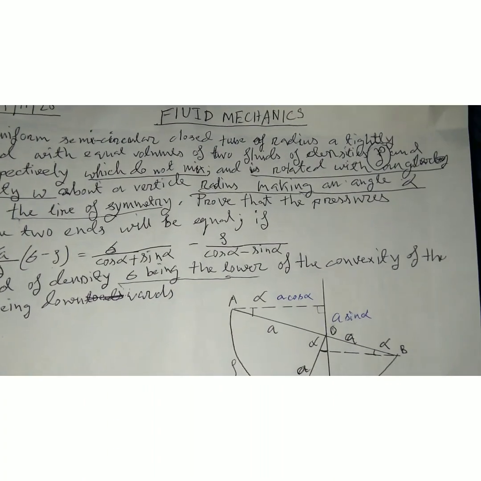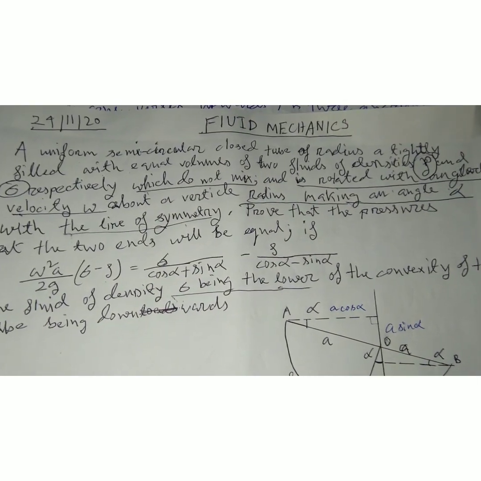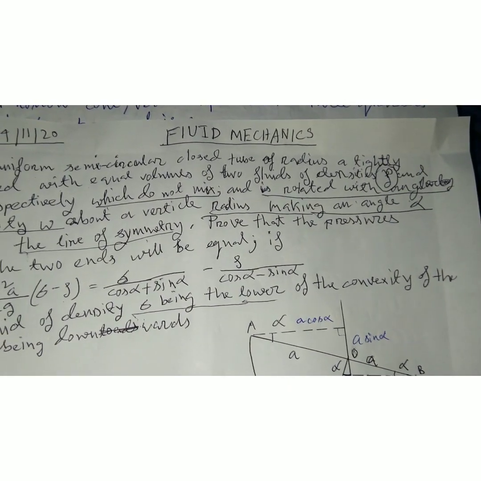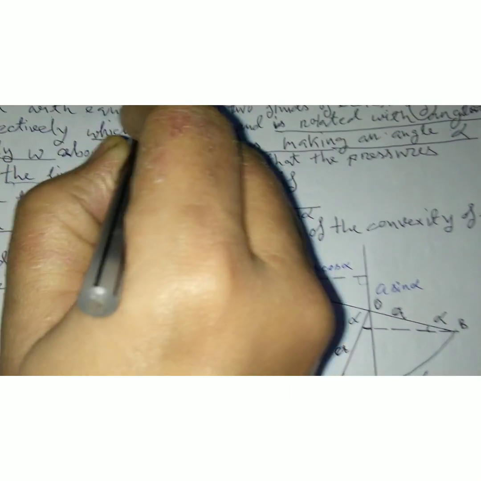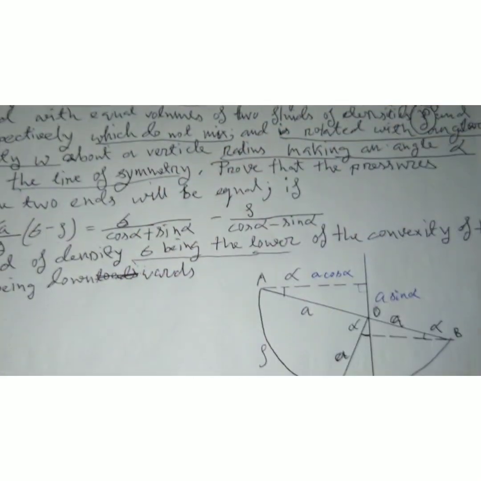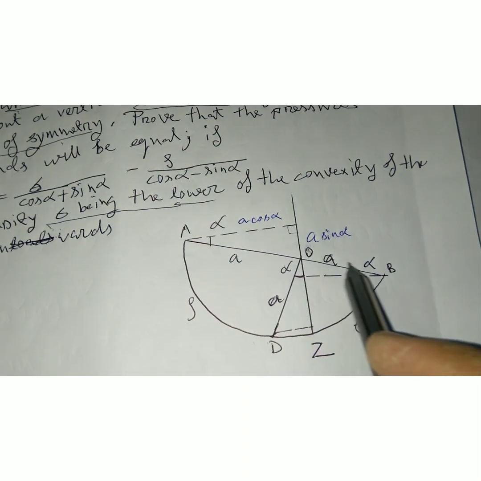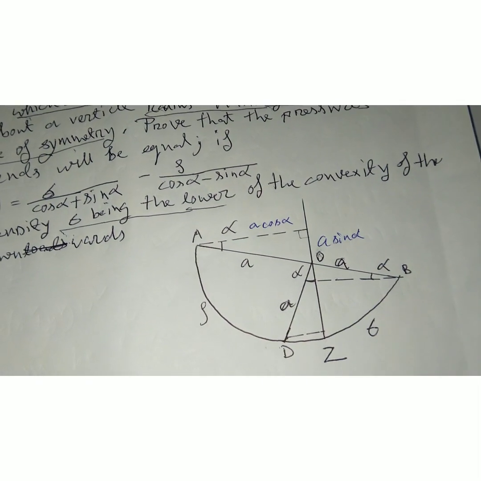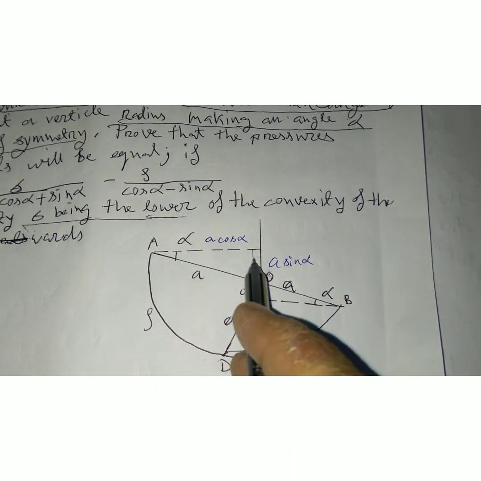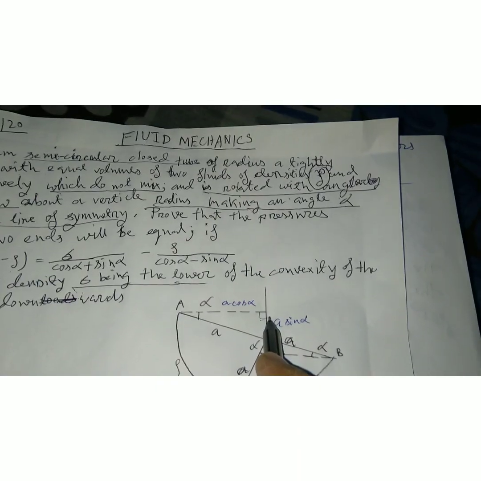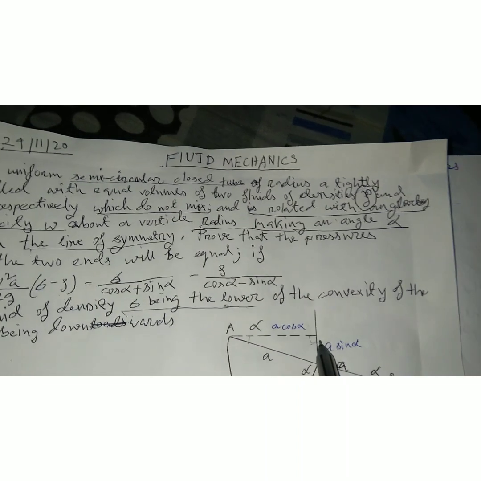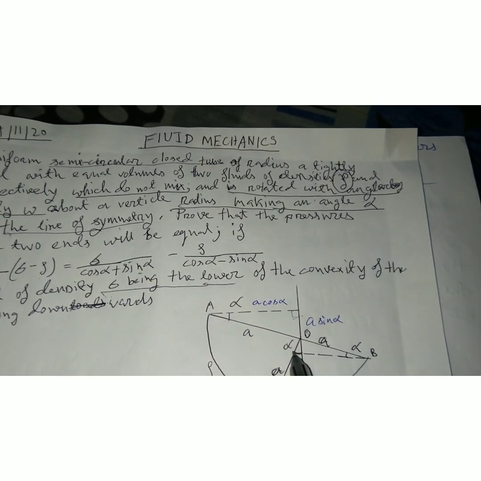So this is the main problem, the main theme: a tightly filled semicircular closed tube, with fluids that do not mix, rotated with an angular velocity. I write a semicircle here, and this is the rotated axis, vertical, with the radius making an angle alpha.